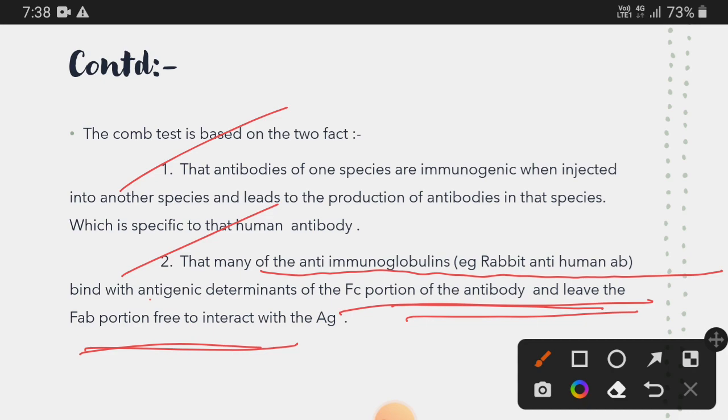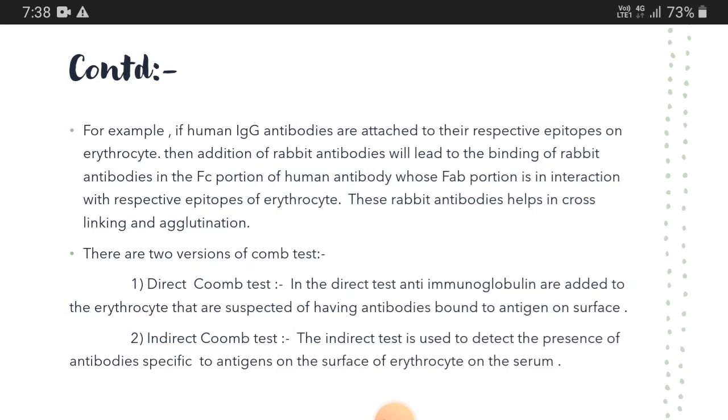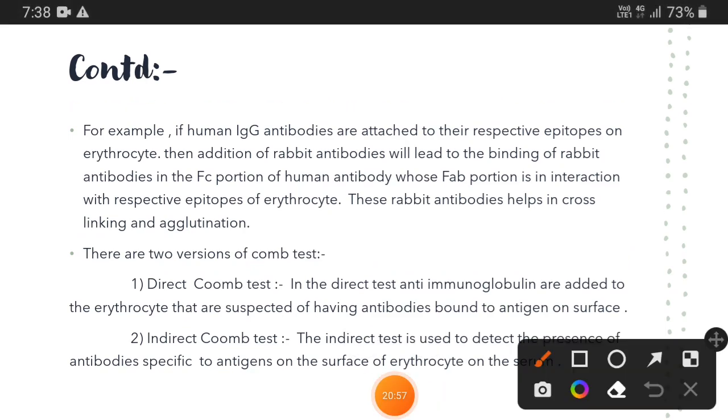And another one is, remember that if a human antibody is injected into a rabbit, a second species, the human antibody may be immunogenic and the rabbit will develop an antibody specific for that primary antibody, specific for that human antibody. This kind of antibody is known as a secondary antibody. Now this secondary antibody can be added to the system, and it will simply bind with the Fc portion of the primary antibody, leaving the Fab portion free to interact with the antigen. So that is the basis of the Coombs test.